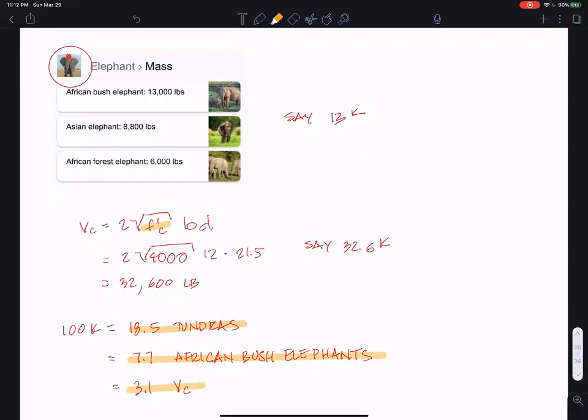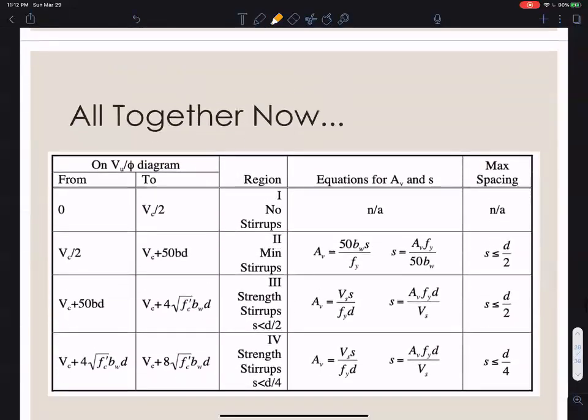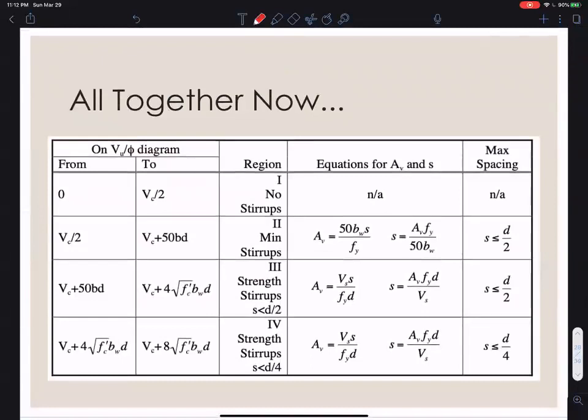Okay, so remember that we're going to use Vc. And let me write that up here so we can remember. Vc equals 2 square root f'c, again in psi, b d. That equals Vc.